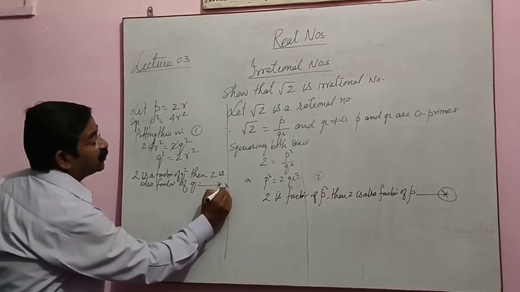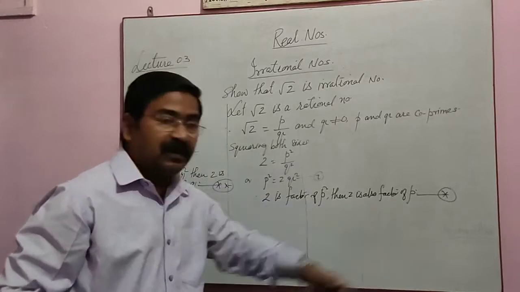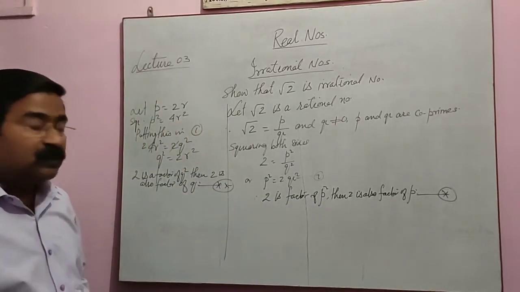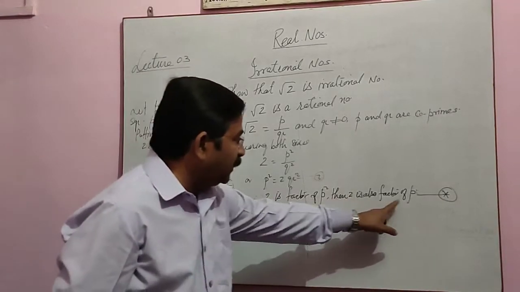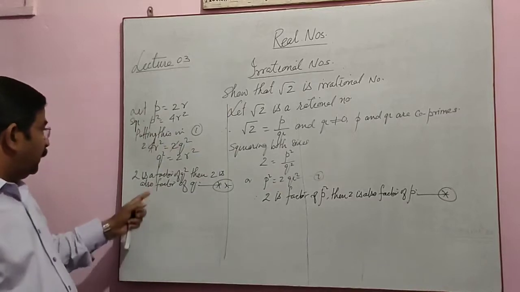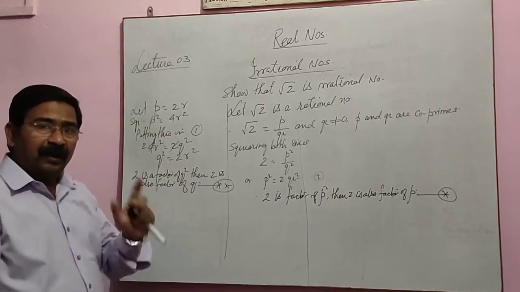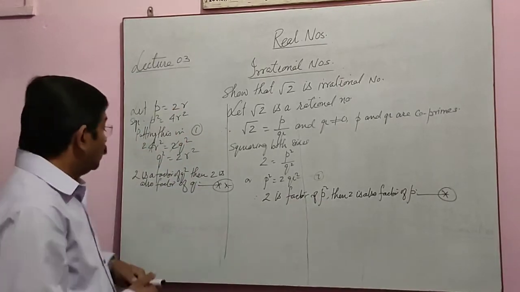Let this be another equation. Read this equation first, you will call star first and star second. What we observe? Here 2 is a factor of p, and here 2 is also factor of q. So clearly you can see that 2 is factor of both p and q.